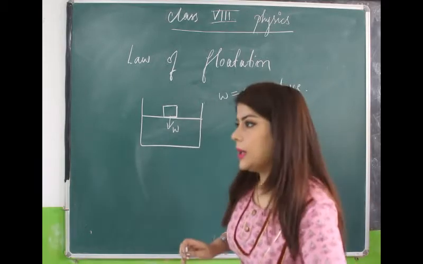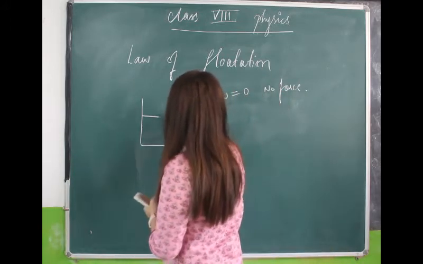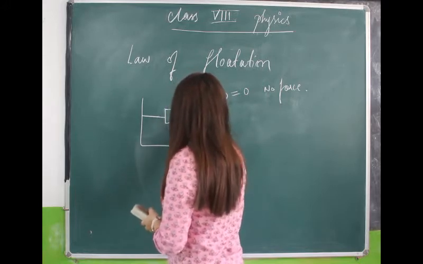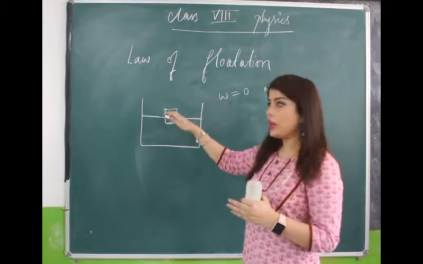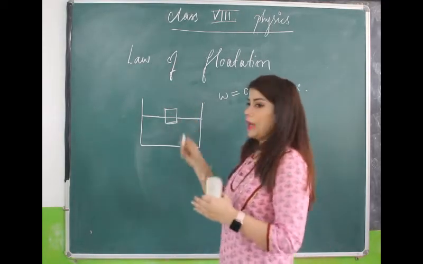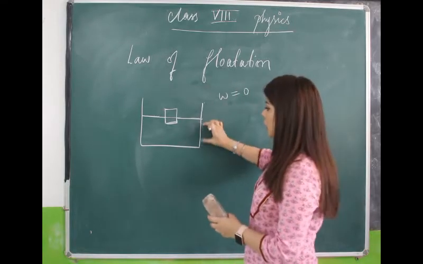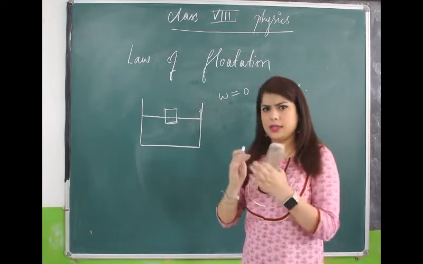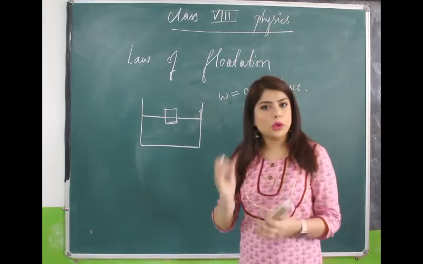Okay, this is the first one. Now second, if this object sinks a little, floats a little, meaning half of the body is inside the liquid and half is above. If you dip any object in the liquid, the level of the liquid will increase by some height. There is some sort of rise in the level of the liquid or water.